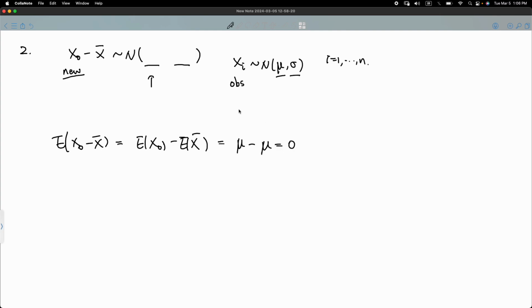So the difference between the new observation and the sample mean will be 0. I can also write down the distribution for x bar, which is mu and sigma squared over n. I think you should already be very familiar with all these parts. Any question up to this point?